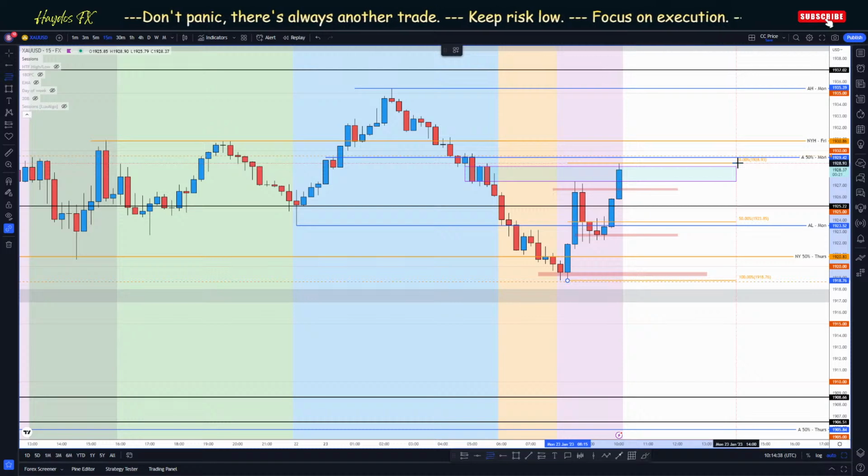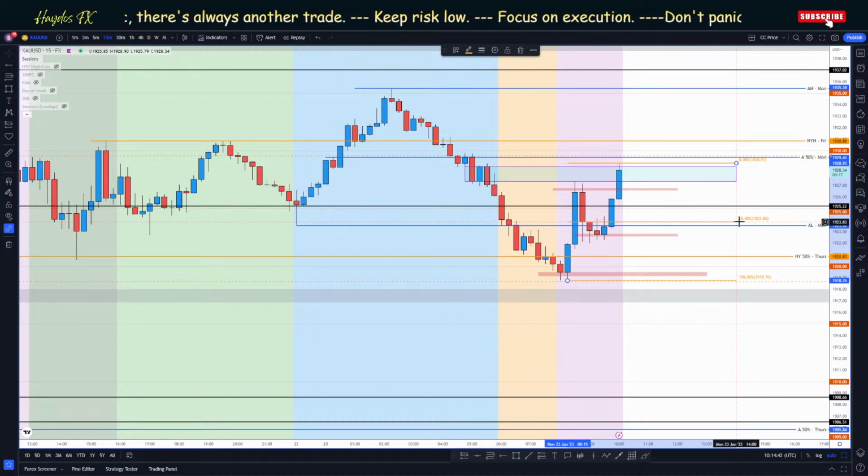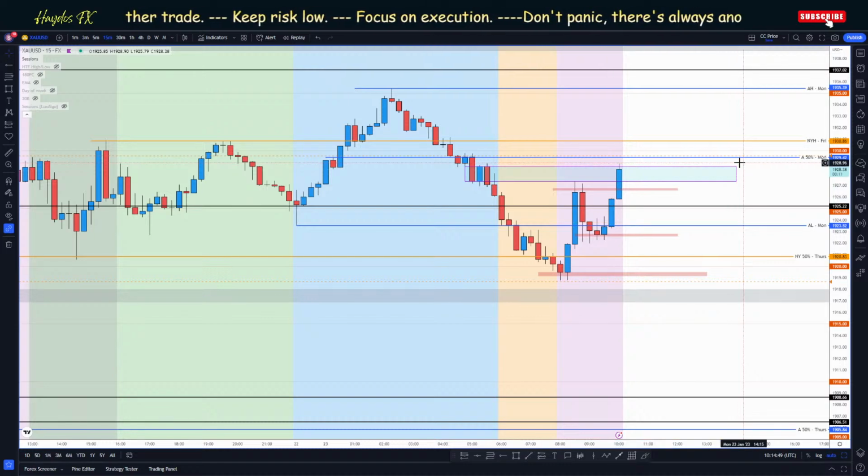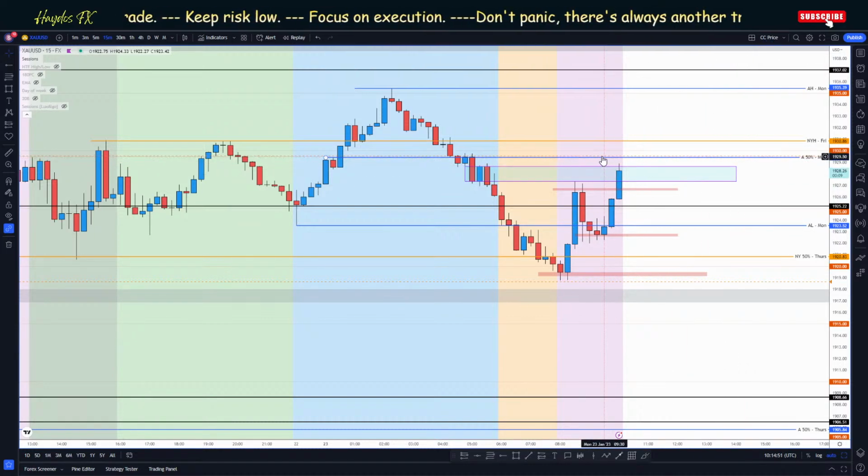So if we form a 4-minute resistance at Asian 50, then we might even come back down to 1923 again before New York session. That's my new idea. I'm going to take that idea.